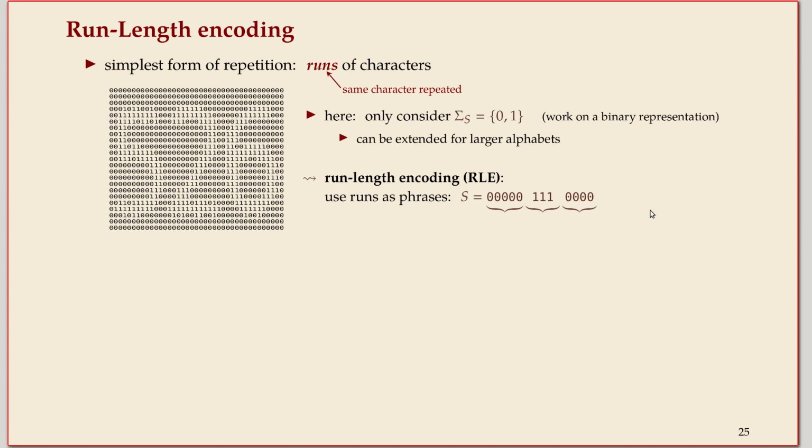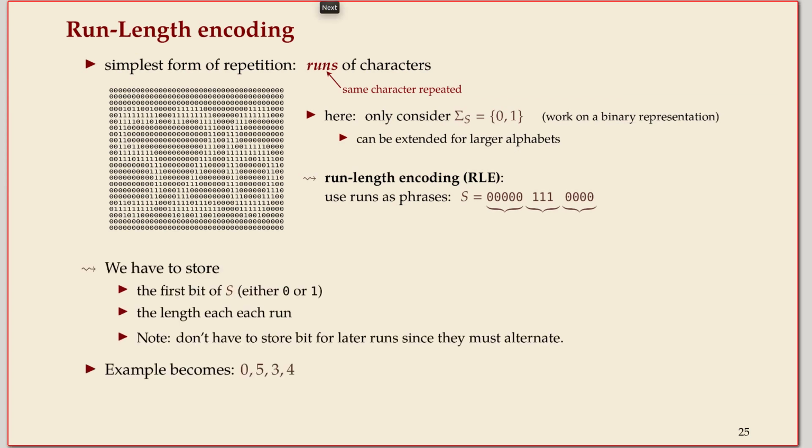What's convenient about the binary alphabet here is, if I currently had zeros, and I continue with the current phrase as long as I have zeros, the only thing that can happen next is to have a 1. There's just no other option. That makes this case a little more convenient, a little more efficient. That's why we discussed this. But you can extend the idea for larger alphabets in a similar way.